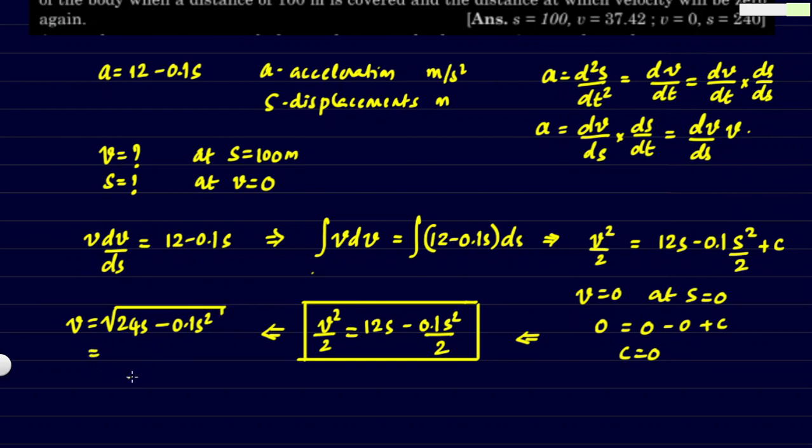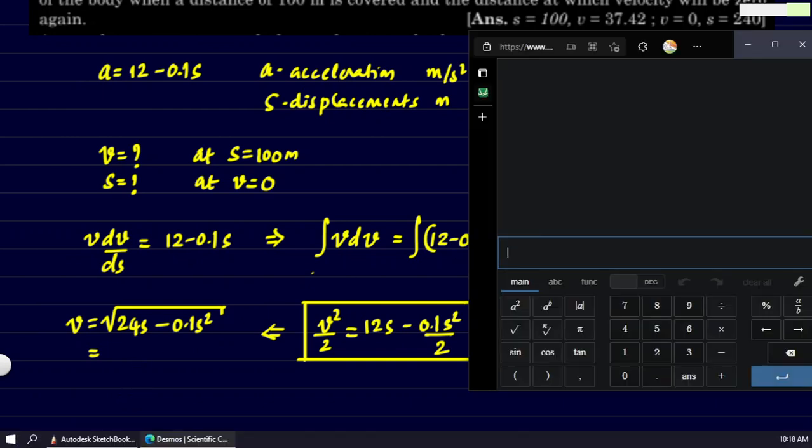Let us now substitute in this the value of s to be 100, so that we get the value of velocity. So 24 times 100 minus 0.1 times 100 square. So we are getting 1400.